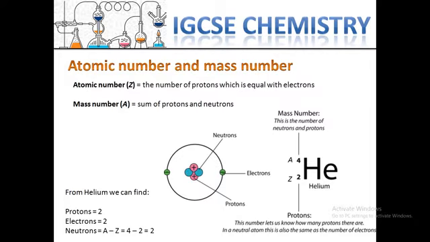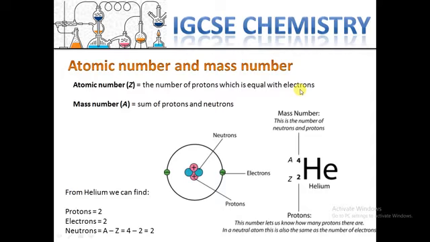Each atom in the periodic table has a special and unique number that we learn here as atomic number and mass number. What are they? Atomic number is the number of protons, which is equal to the number of electrons.